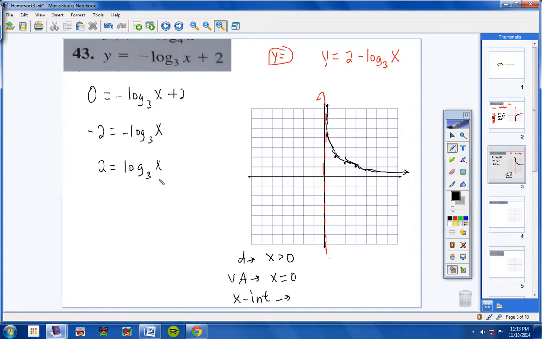Now write it exponentially. And there you go, 9. Okay, so eventually way out here at 9, the graph would eventually come down and hit the x-axis right there. So the x-intercept is 9. Okay, not too bad. Number 45.